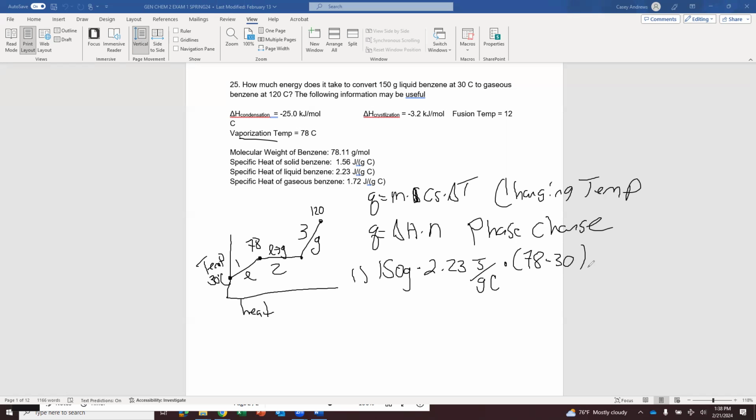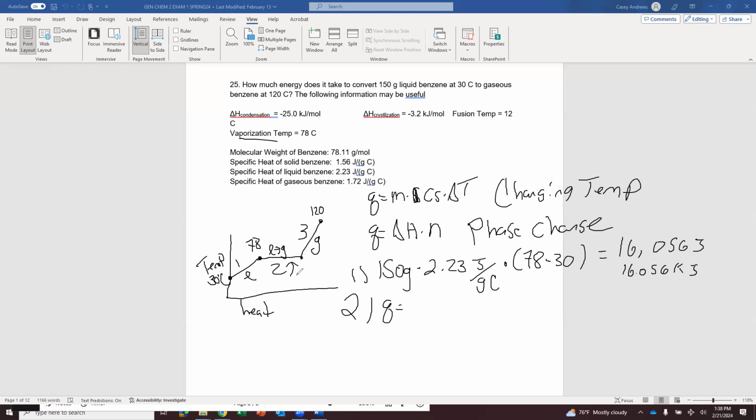So 78 minus 30 is 48. 48 times 2.23 times 150. That is 16,056 joules, or 16.056 kilojoules.